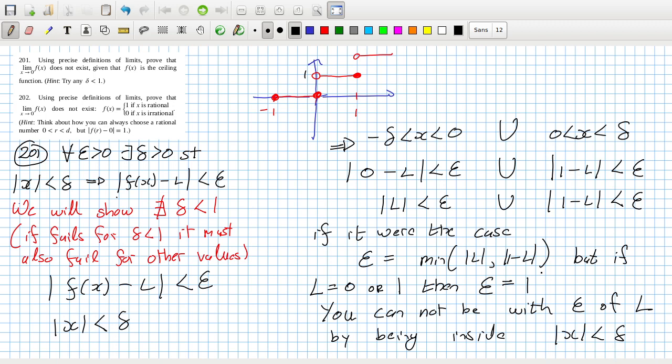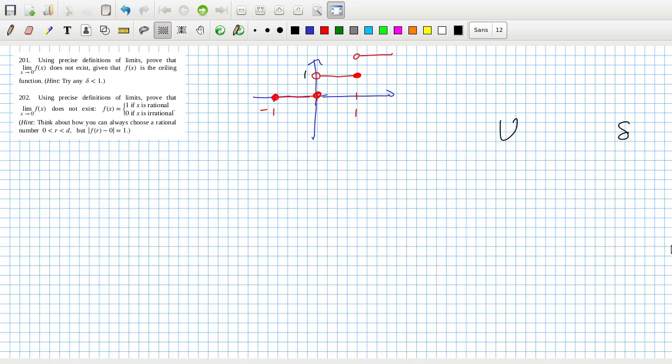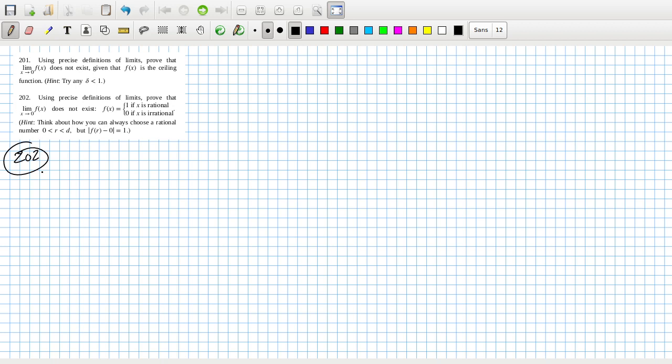Okay, let's have a look at the next one now. Hopefully that's okay. All right, 202. Prove that this one doesn't exist.